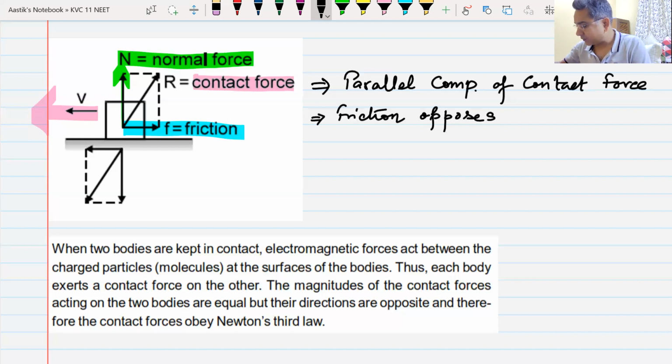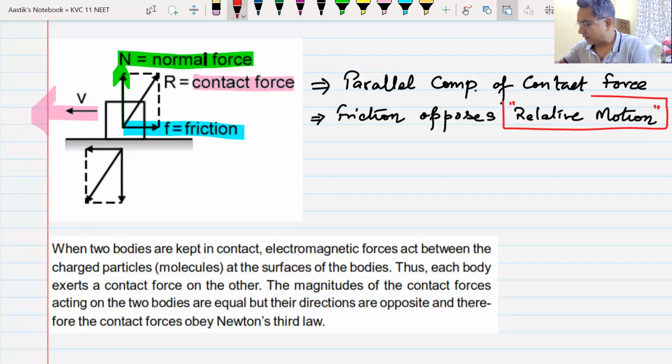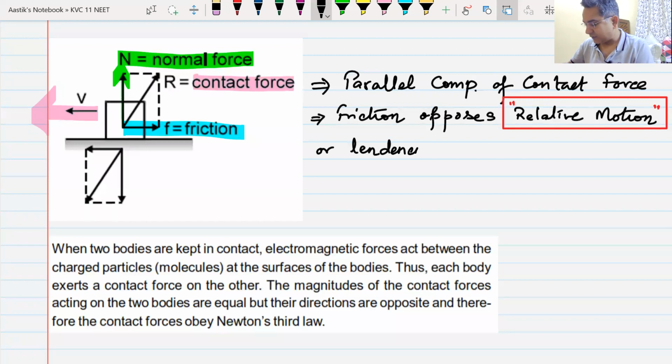Friction opposes relative motion. That is the most important term. You might have heard in your lower standards that friction opposes motion. Friction does not oppose motion. It only opposes relative motion, or sometimes there is no relative motion, but there is a tendency of relative motion.